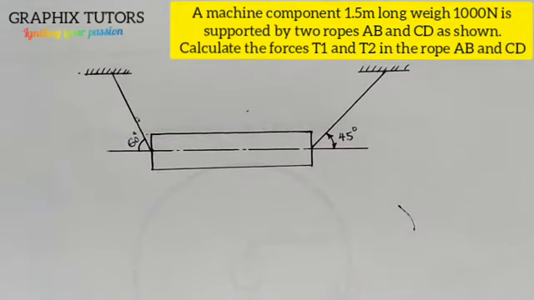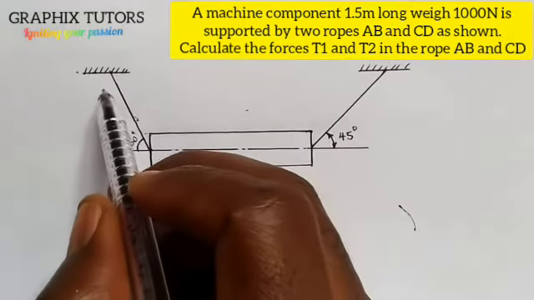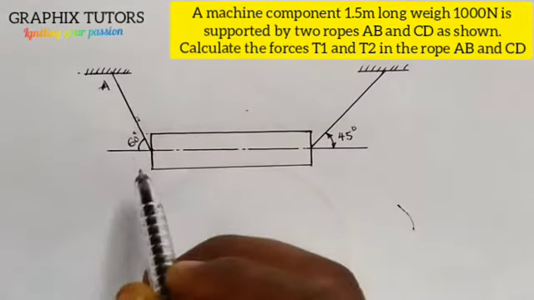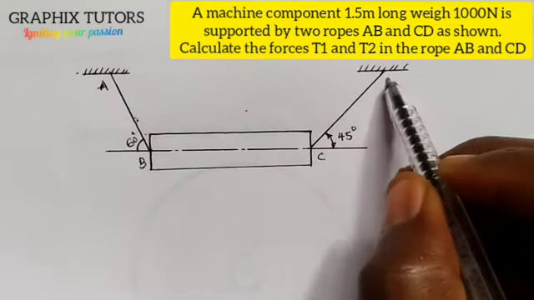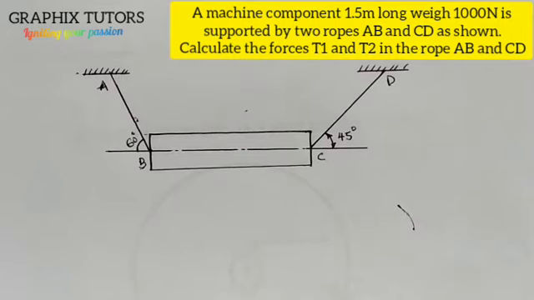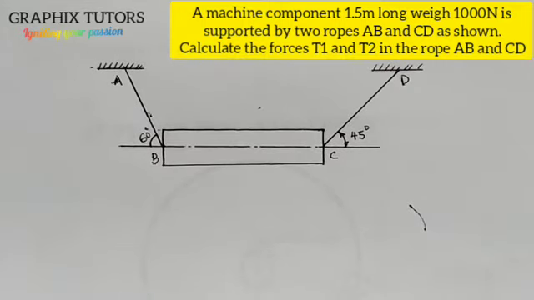Let's say this is A and this is point B, this is C and this is D. A, B and C, D as shown. Calculate the forces T1 and T2 in the rope.